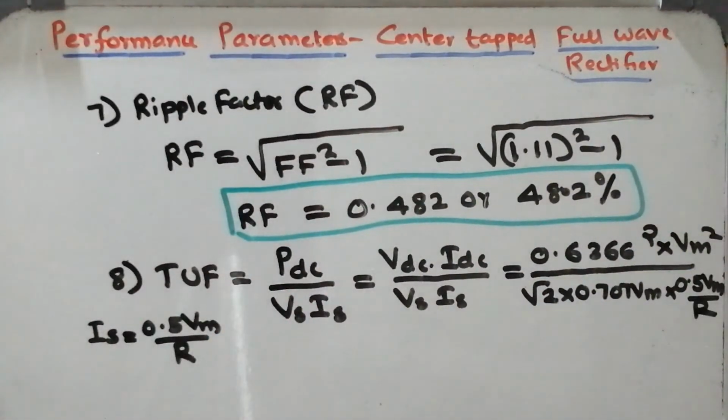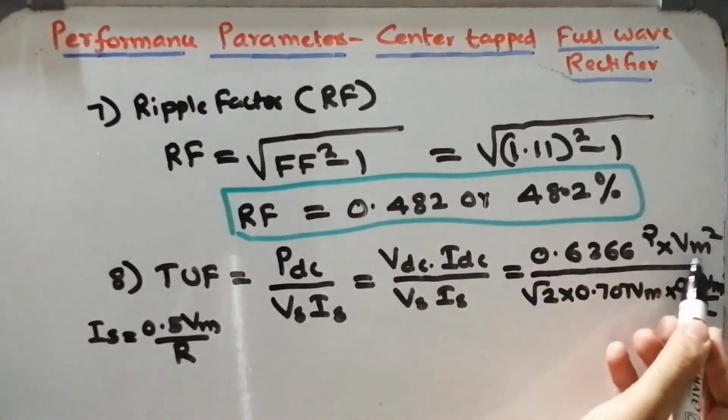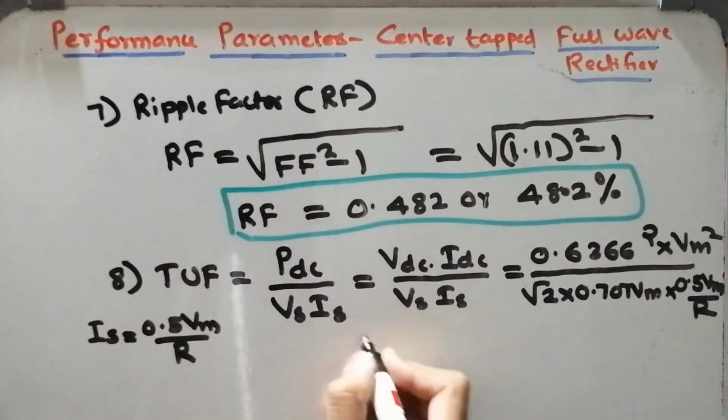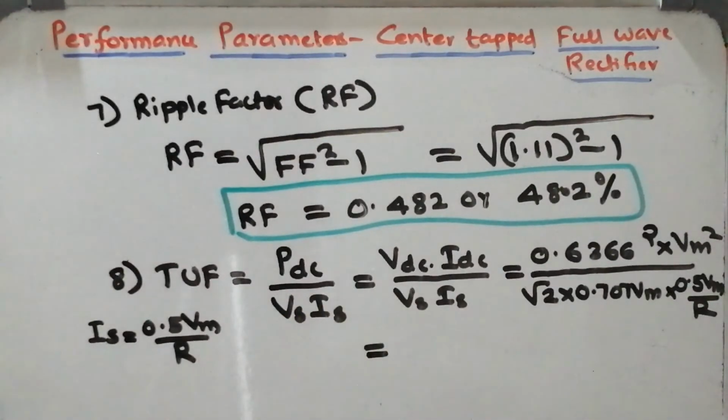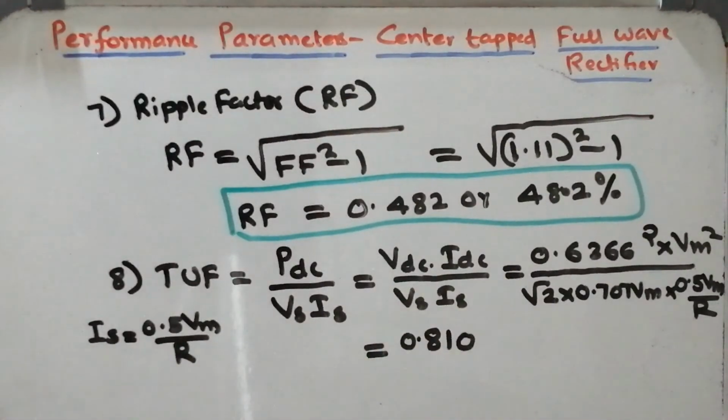If you multiply VDC into IDC, it will be 0.6366 square into Vm square. Here also one Vm is available. Finally, Vm into Vm means Vm square. There is a Vm square in the numerator, so Vm square gets cancelled. So what value remains? TUF is equal to 0.81064.